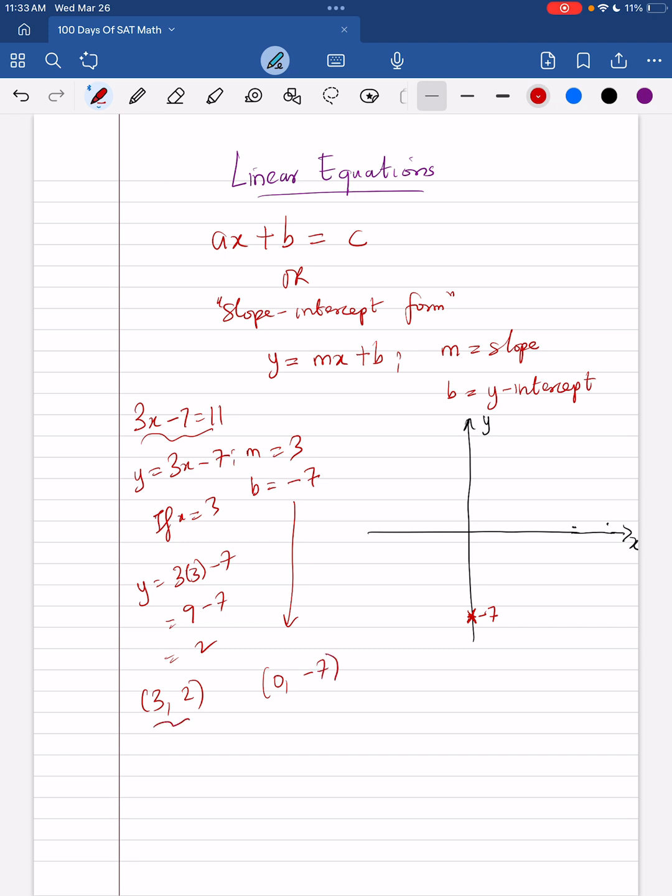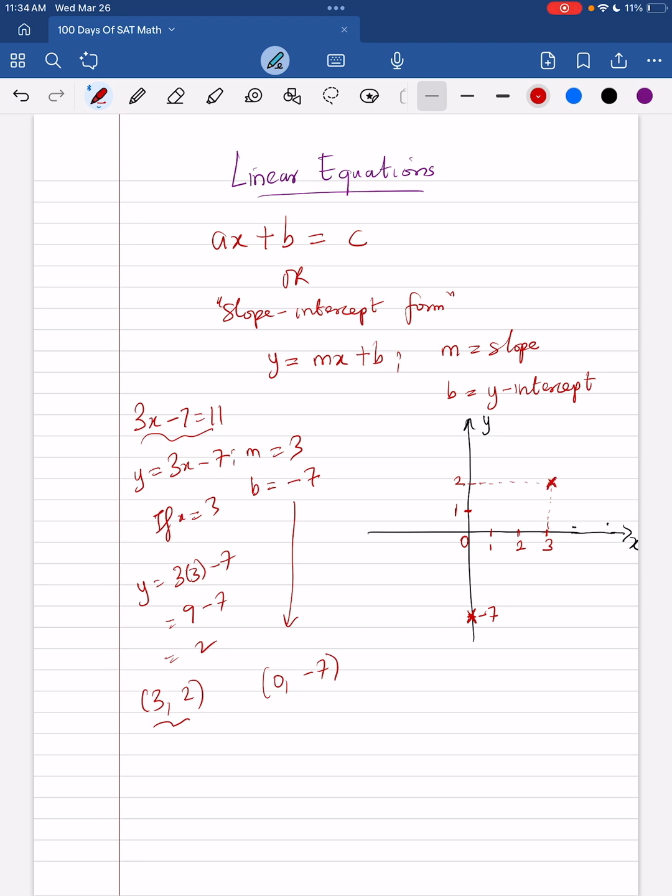So we can plot this also on the graph. When x is 3, 3 is somewhere around here, because this is 0 here, this is 1, this is 2, and that is 3. On the y, we have 1, we have 2. So when x is 3, y is 2. This is another point on the graph.